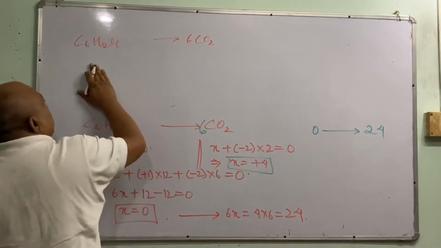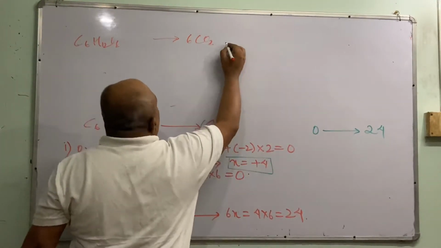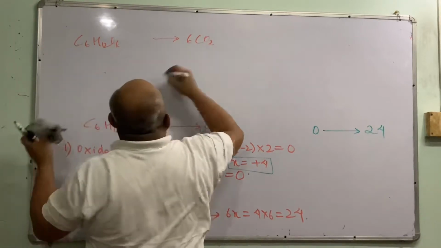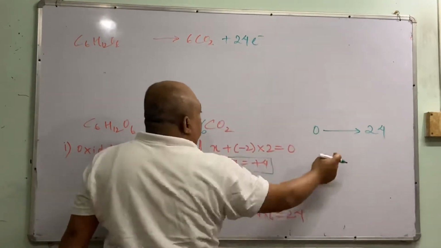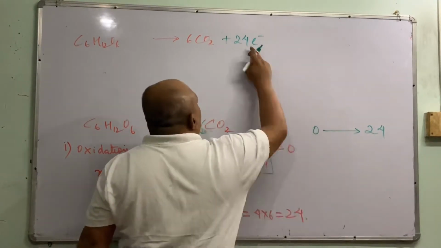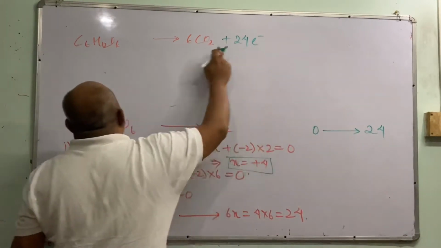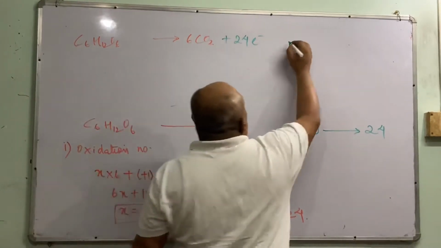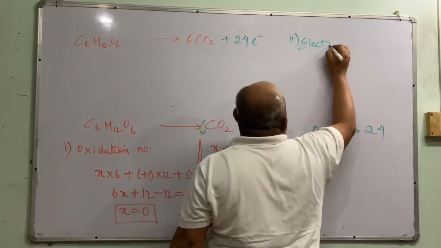The oxidation number goes from 0 to 24. Since 24 is there, you have to add another 24 electrons. To negate this oxidation number of 24, we put 24 electrons. The oxidation number is plus, so we are putting 24 minus. This step is called number 2, electron balance.